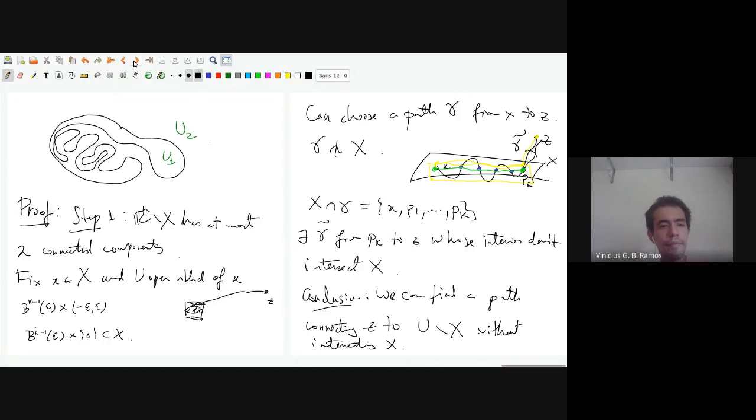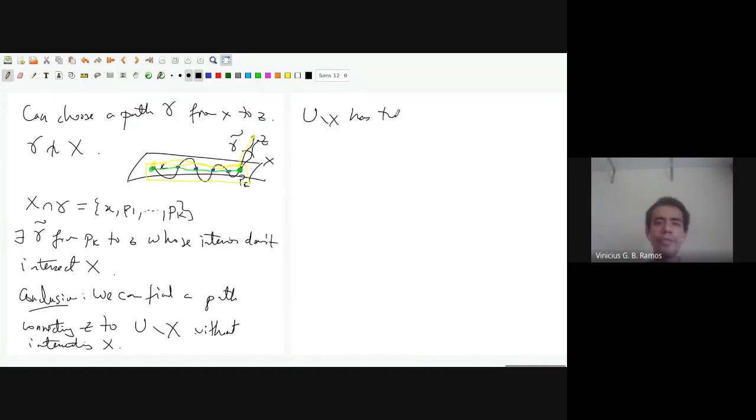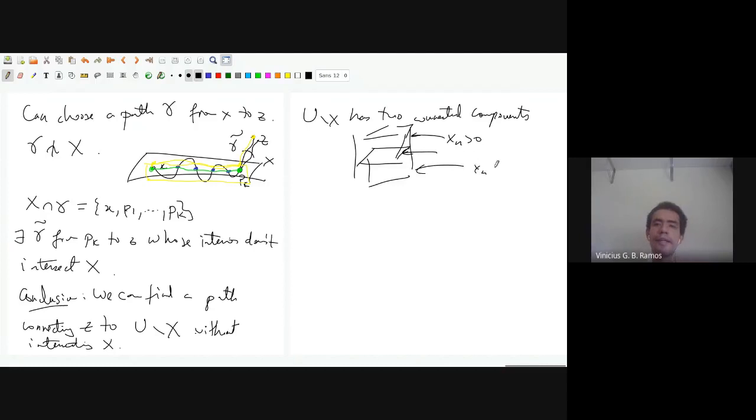And the point is, U minus X has two connected components. Basically, you are in Rn, and you have this box, and you remove the middle. So you have the places where xn is greater than 0, and the places where xn is less than 0. So this has two connected components.